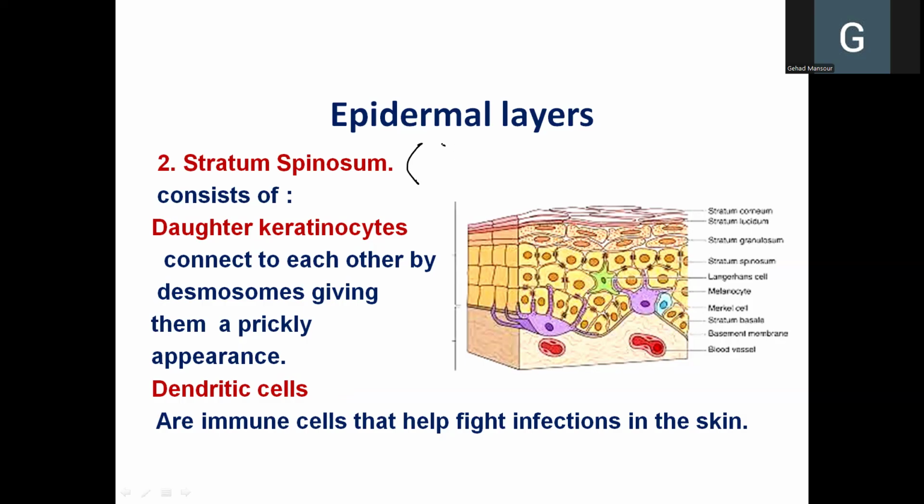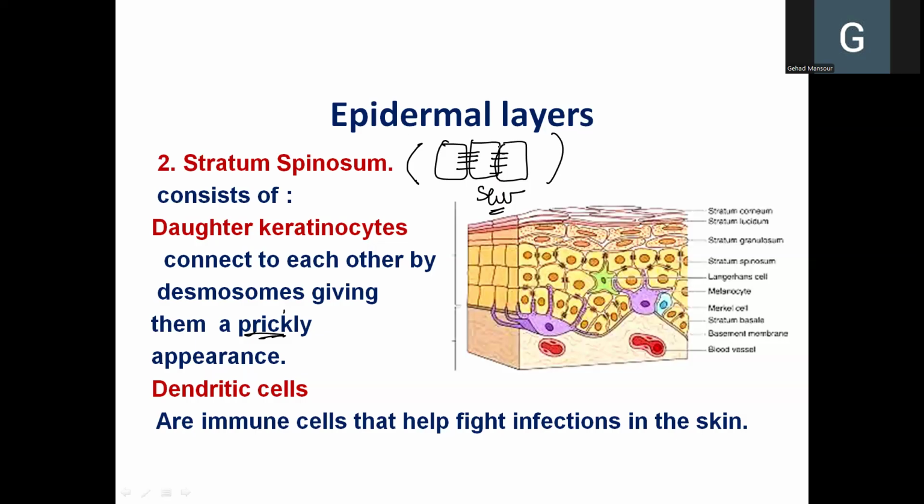Because under the microscope, we can see that those cells are connected to each other by filamentous structures called desmosomes. So they have a prickly appearance, as if they were pinned to each other, or sewn to each other, from the verb to sew. As if there were stitches in between them.